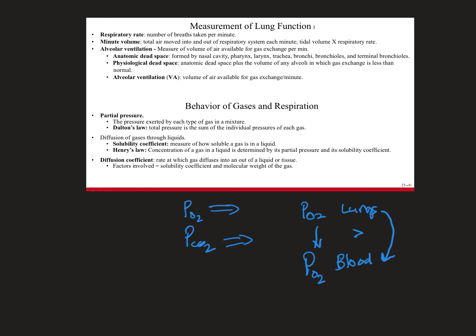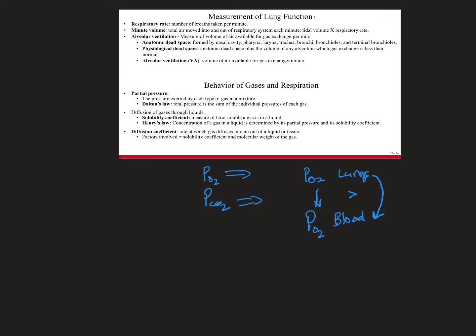Okay. So if I have a partial pressure of carbon dioxide in the blood, and we're going to say that it's greater than the partial pressure of carbon dioxide in the lung, what does that tell me about what the carbon dioxide is going to do?